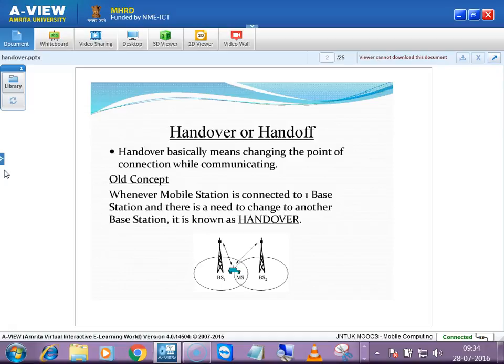So one scenario which comes into the picture is that it will share with whatever mobiles are present in base station 2 that may be common to some other base station 3, right?